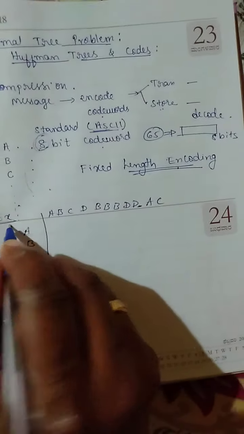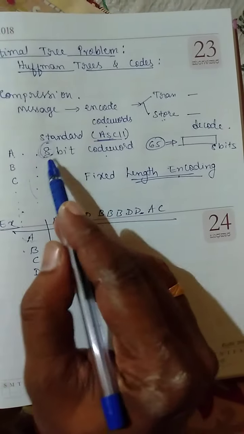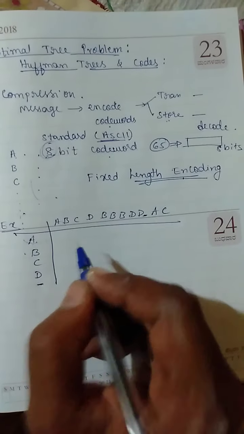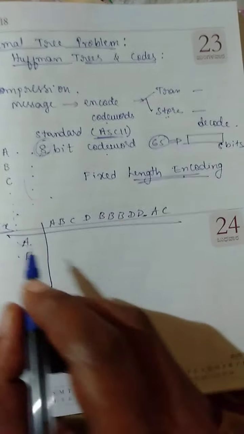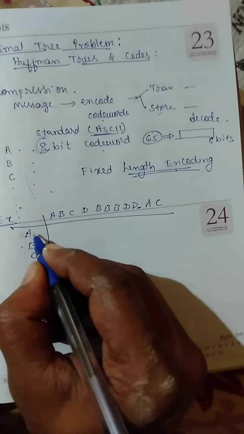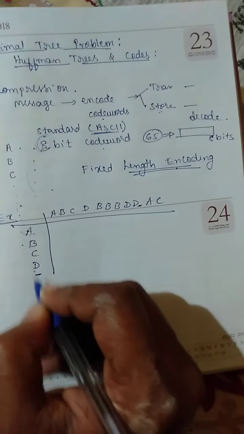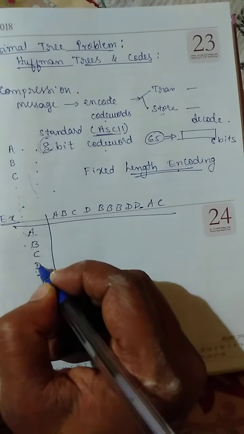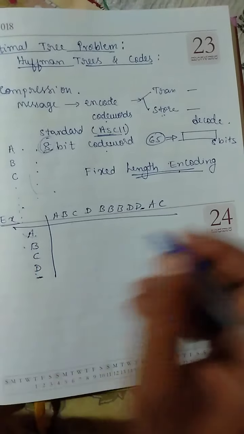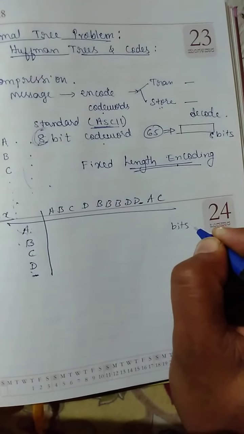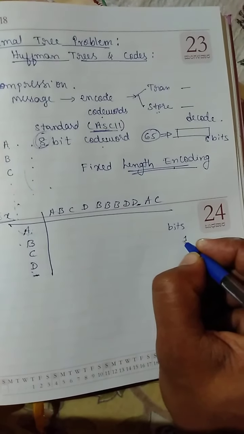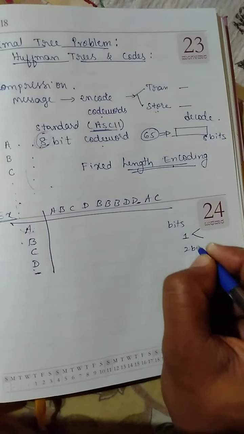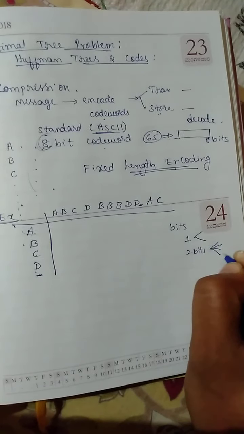Can you use the same 8-bit ASCII code? Yes, of course, but you also have the provision of a custom coding. How many characters are you using in your information? Only 5. Therefore, to have 5 different combinations, how many bits are required? 1 bit is required to represent 2 combinations, 2 bits are required to represent 4 combinations.